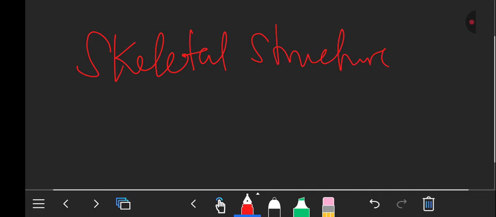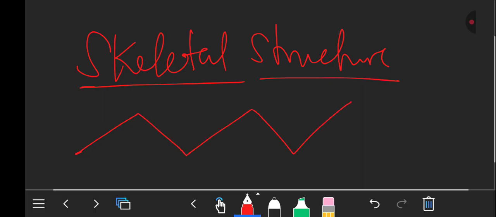When you're looking at skeletal structures, what you are looking at is just a simplified way of representing a certain compound. It could be by use of bond lines. It's also known as bond line structure. Okay? For example, you get to represent a certain compound in this format.